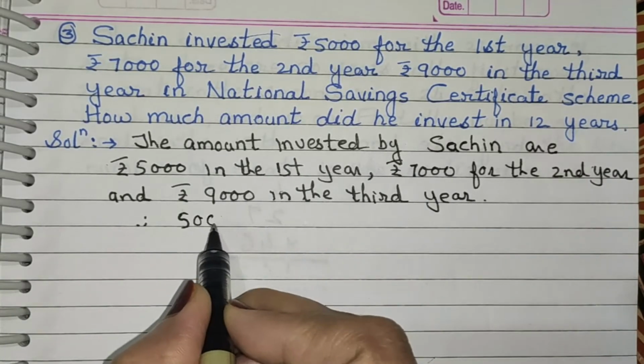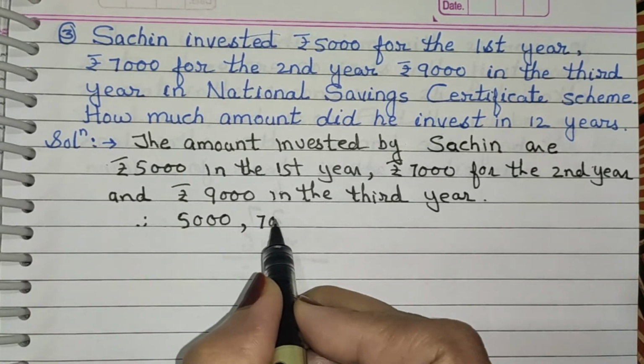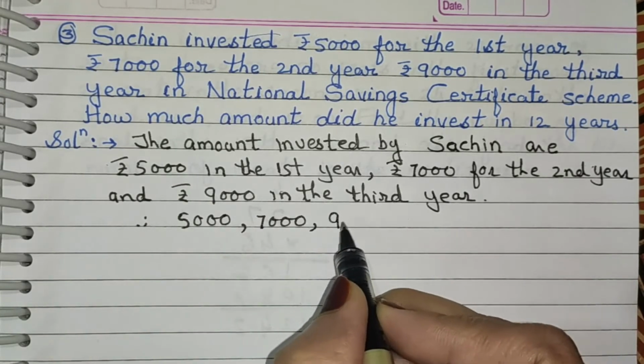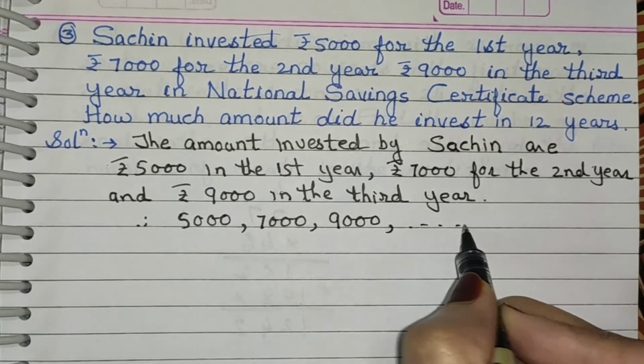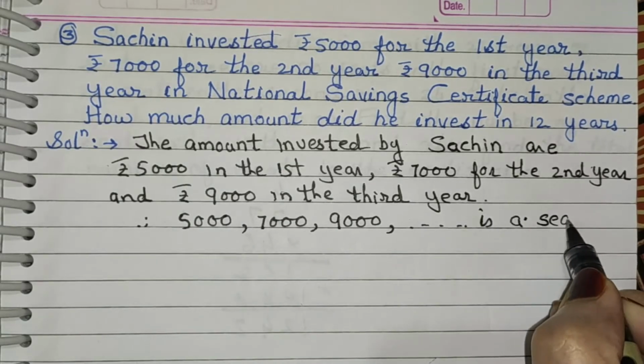Therefore, 5000, 7000, 9000, and so on is a sequence.